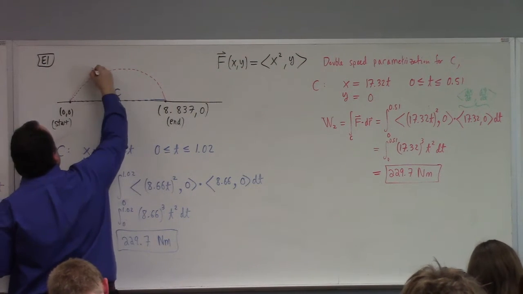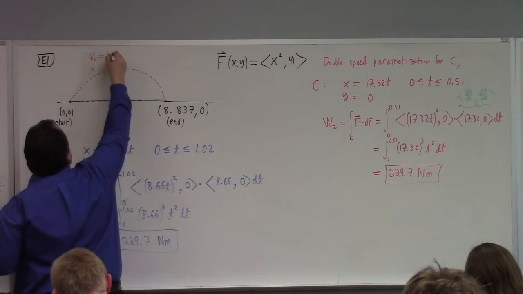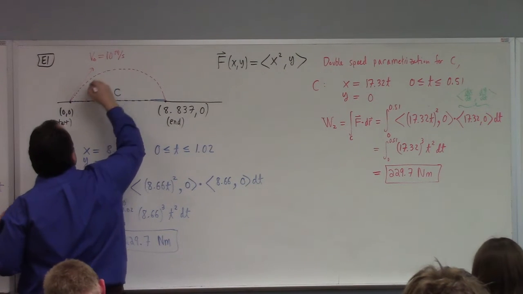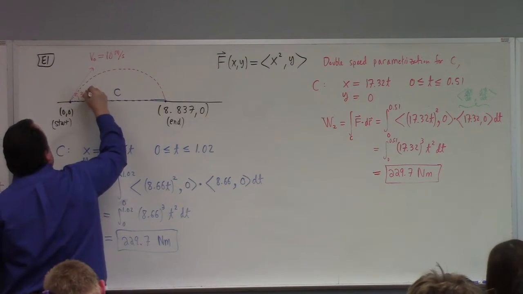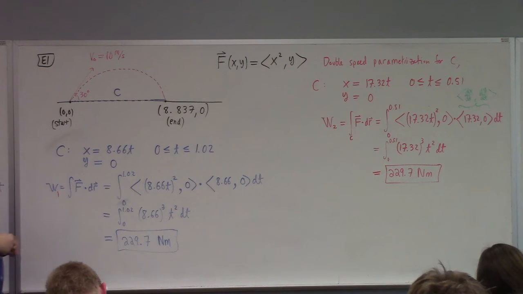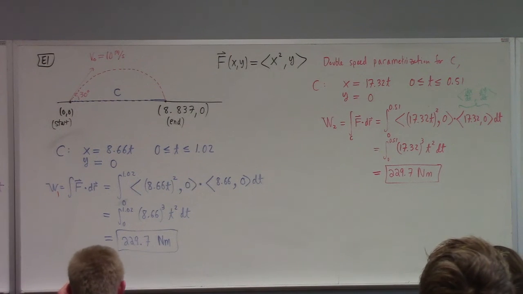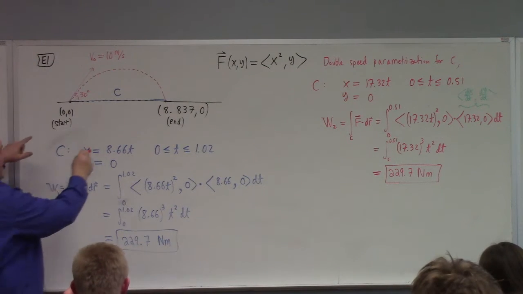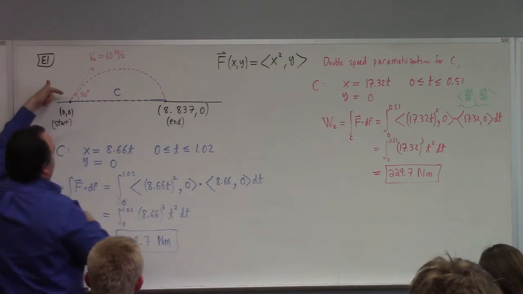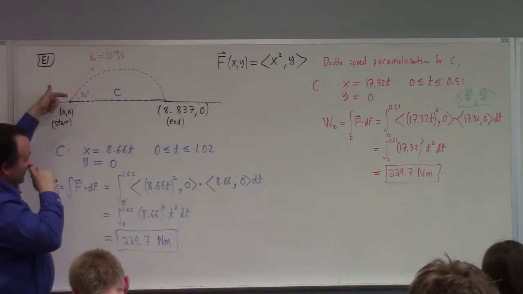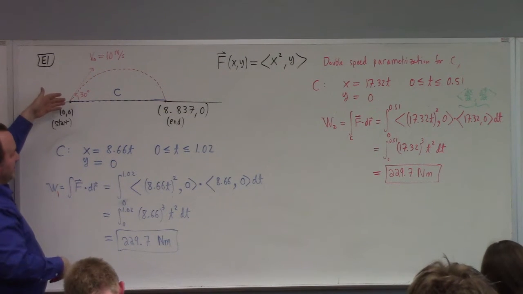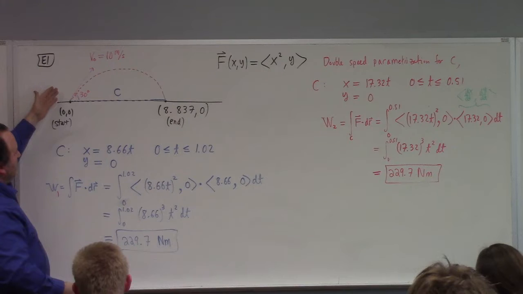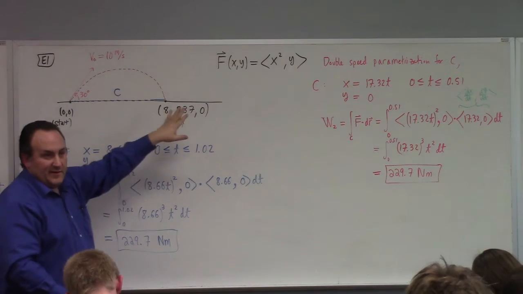So if you go with v naught equal to, say, 10 meters per second at an angle of 30 degrees, guess what? That gives you x equal to 8.66t. That's why I did that. So this is actually the end point if you have projectile motion near the surface of the Earth, usual story, no friction. You'll go 8.83 meters over that way.